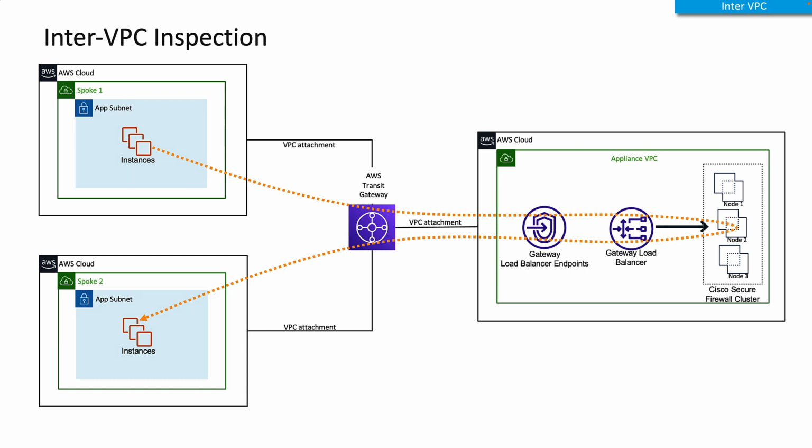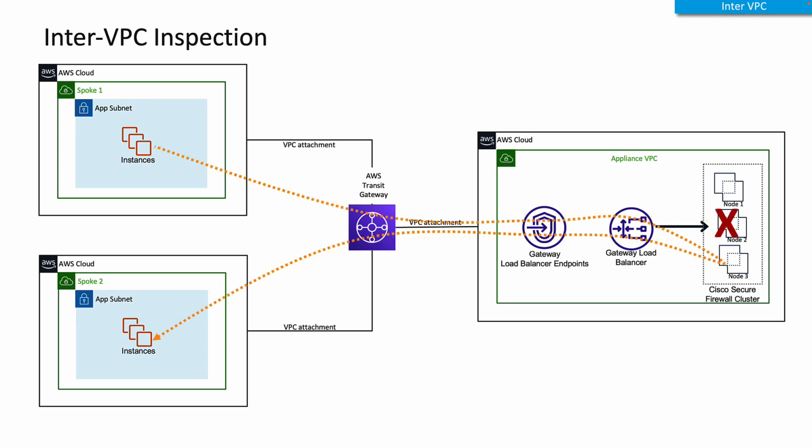The endpoint will then forward it to the gateway load balancer, and the gateway load balancer will forward it to different nodes in our cluster or the targets in the backend pool.